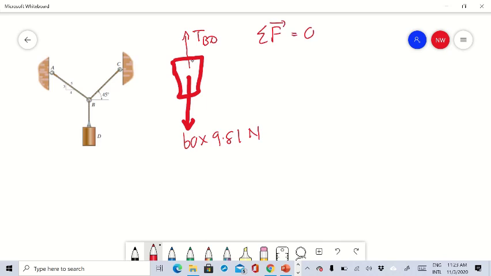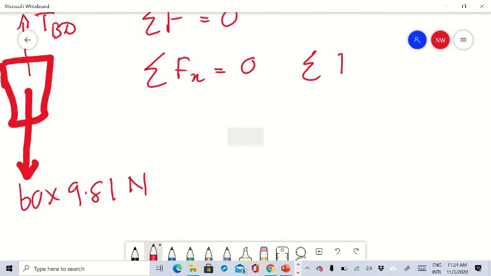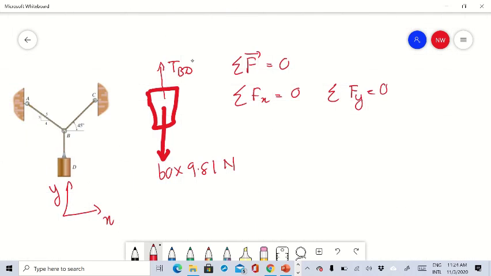If we consider this as our positive x direction and this as our positive y direction, then sigma Fx should be equal to 0 and sigma Fy should be equal to 0.